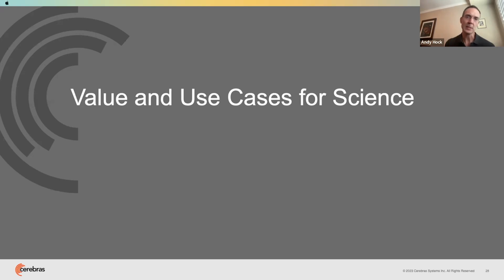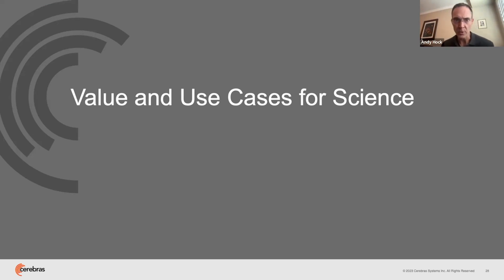And so we're really excited to be here today and tell you a little bit more about our systems, as you heard in the previous sections, and now some example use cases, just to give you an idea of the kind of value and applications other parts of our community have brought to life on our machine. So if we could, let's jump to the next slide and we'll get right into it.